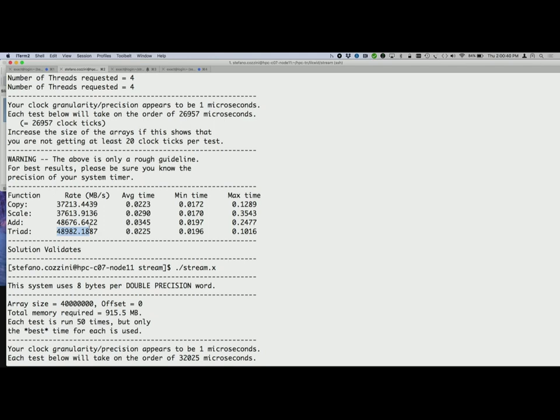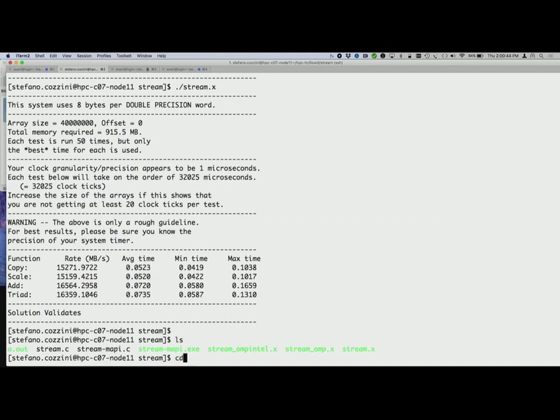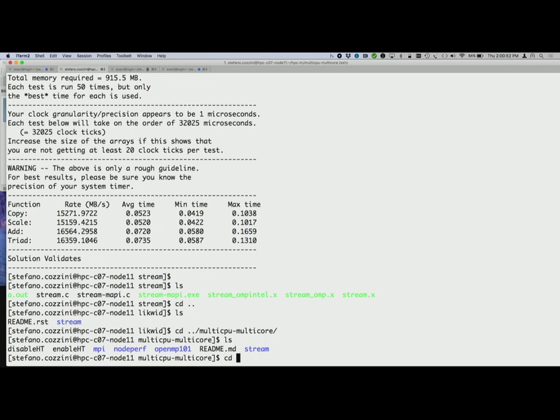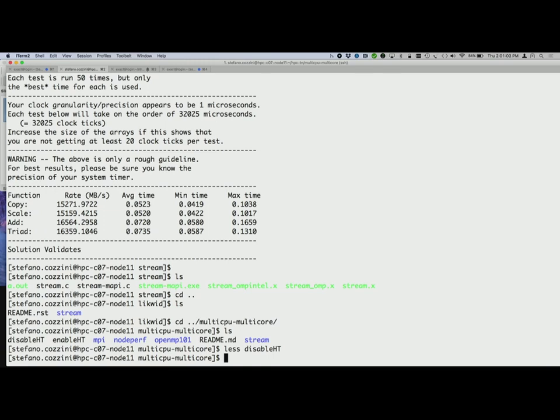So I have then the exercise I generally propose to my students. Well, by the way, here you can disable and enable hyperthreading, and it would be really nice to see the differences in that.